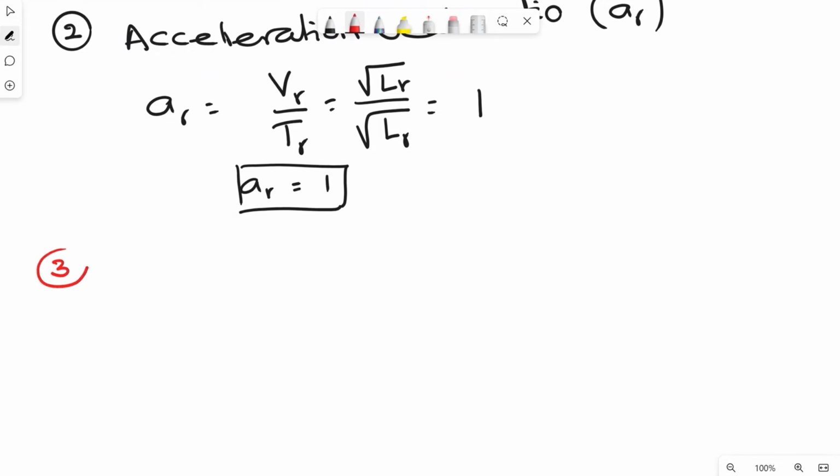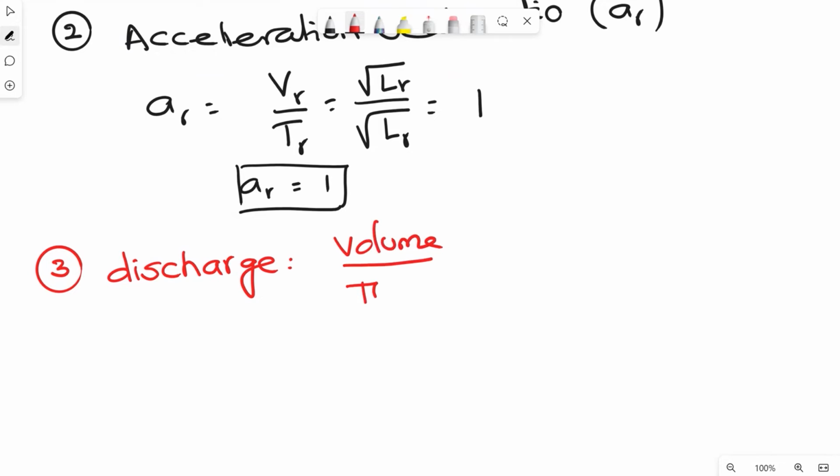Once 2 is over, what is the 3? Discharge. Discharge is equal to volume by time. Volume means LR cubed. Time means TR, which is root LR.